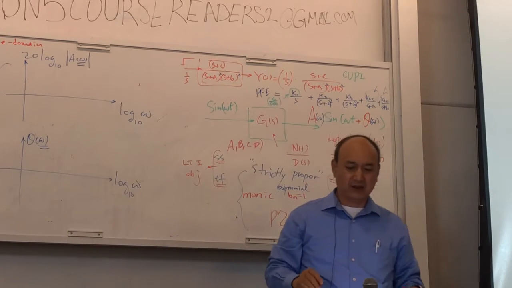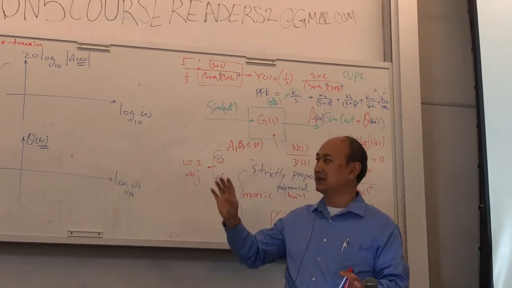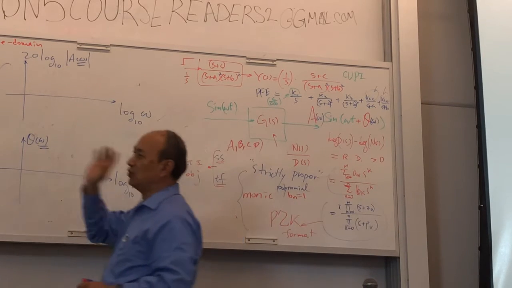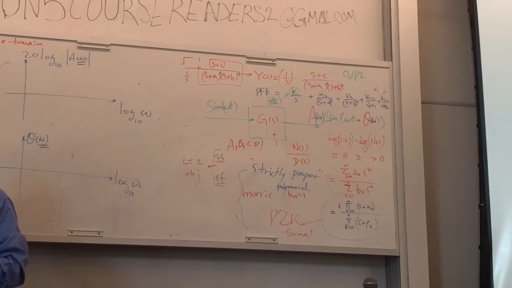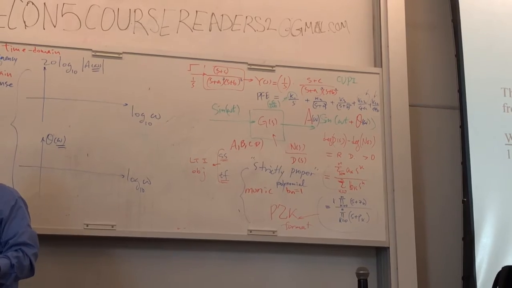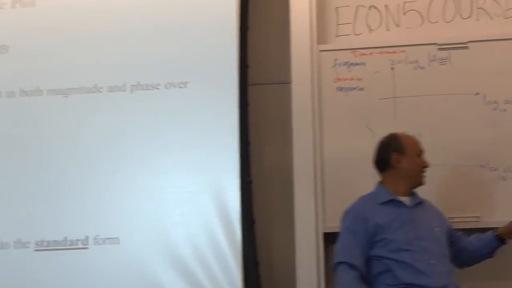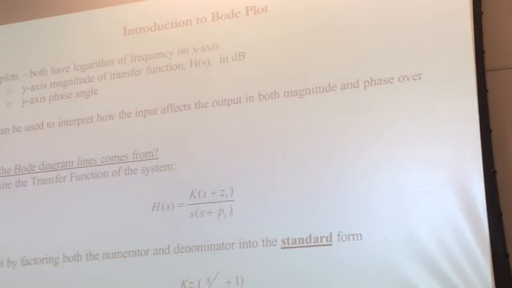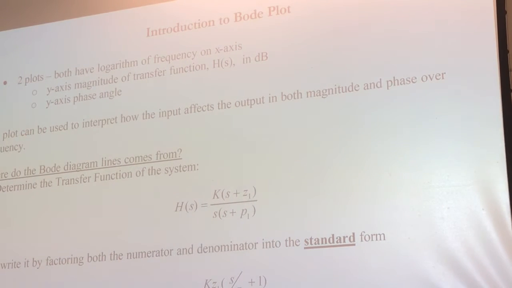But anyway, let's assume that we can get the PZK format. We have to use this format to do the Bode plot; otherwise, in polynomial format, you have no clue. The reason is very clear.